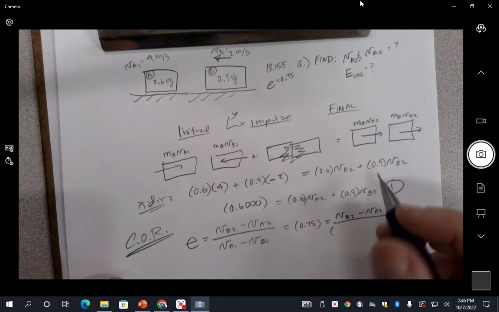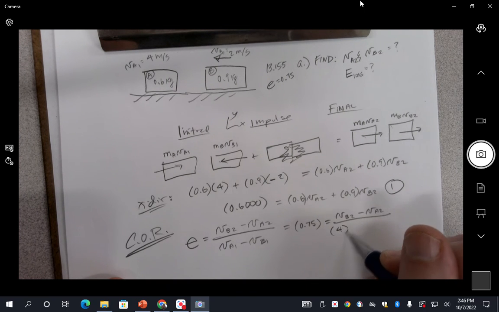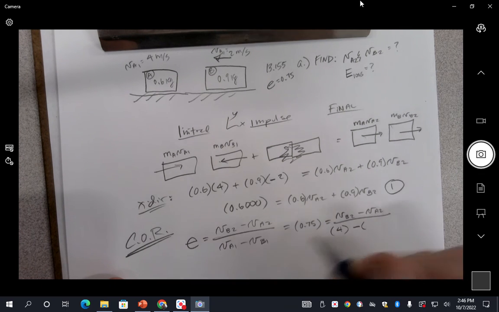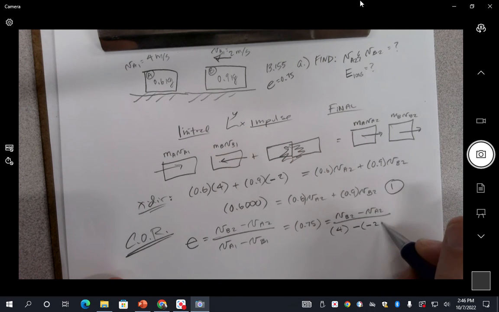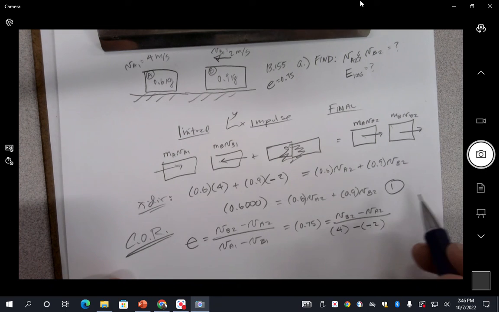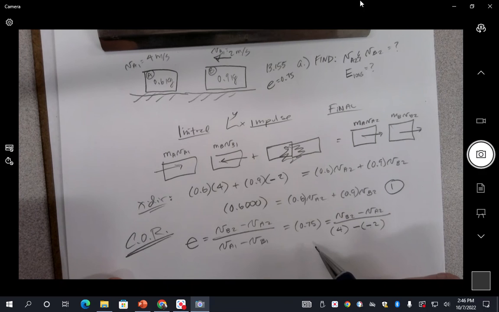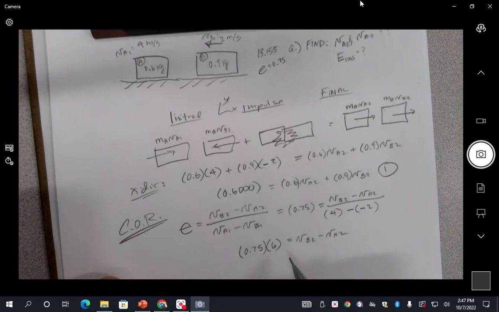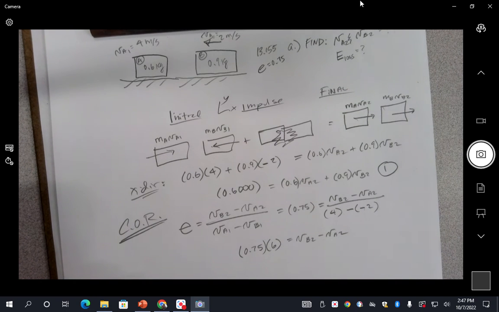And A1 is 4, and B1 is -2, right? Be careful of that negative. So that's going to be +6. So 0.75 times 6 is equal to VB2 minus VA2, or 6 times 0.75, 4.5.